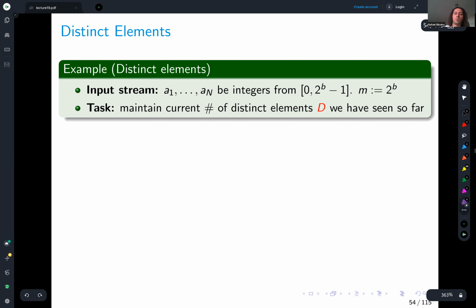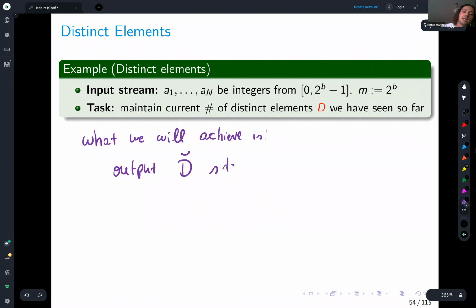So what we will achieve is to output a number d tilde such that d tilde is less than or equal to 1 plus epsilon times d, and greater than or equal to 1 minus epsilon times d, with high probability.